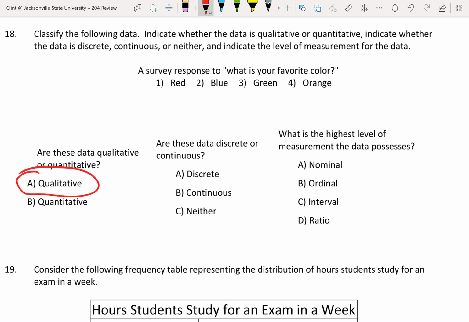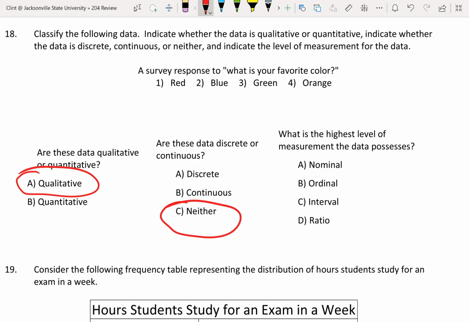Okay. So would this be discrete, continuous, or neither? Neither. If you have qualitative data, it's always neither. And then on level of measurement, since it's qualitative, we know it's got to be either nominal or ordinal. So here we have to think about, our data is different colors. Do we have a built-in automatic ordering system with color?